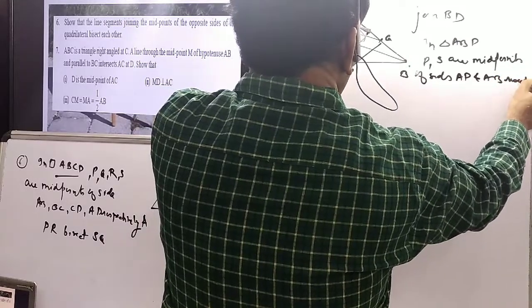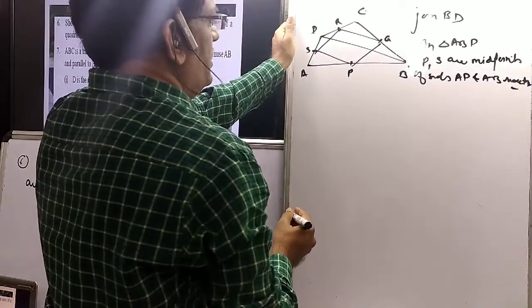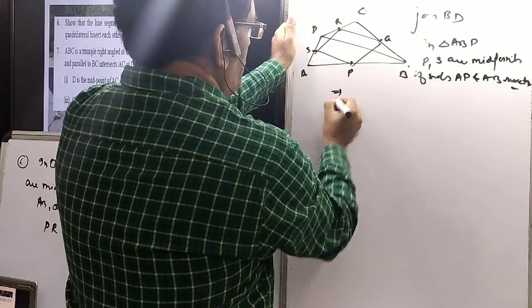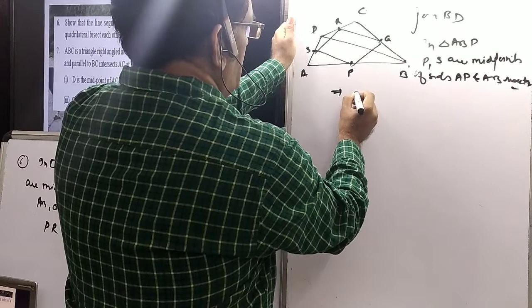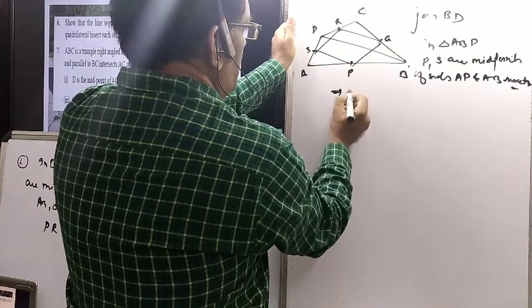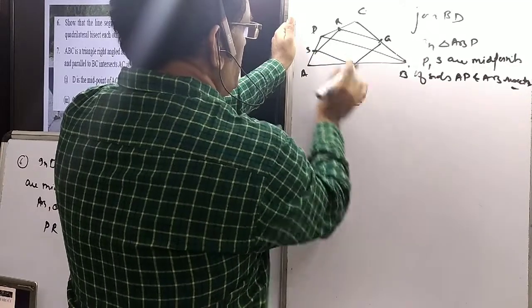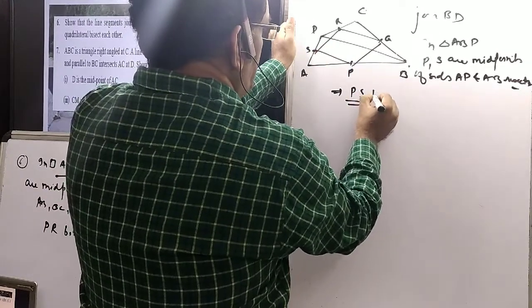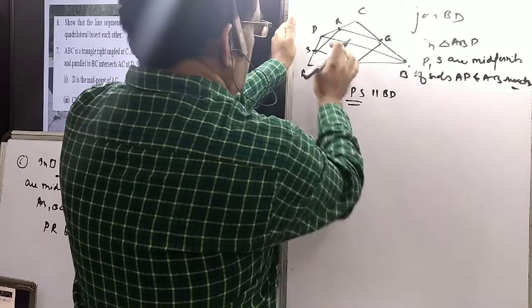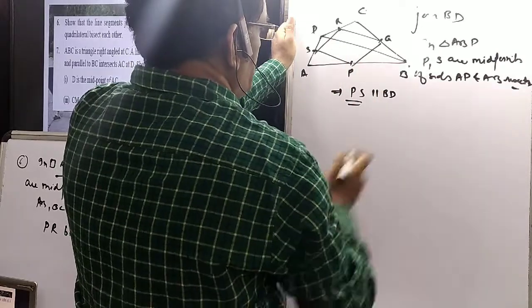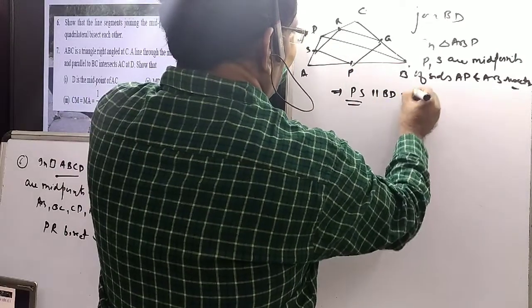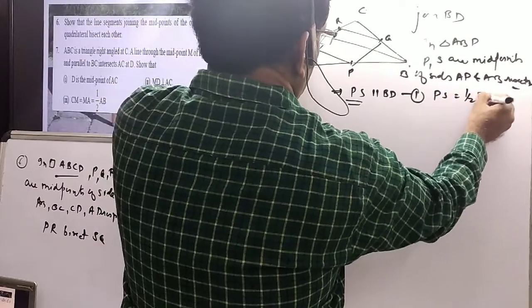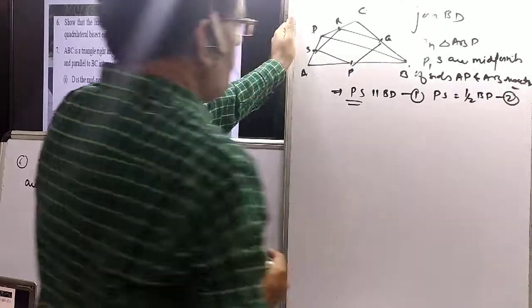So using midpoint theorem, what do we conclude? This side PS is parallel to BD, and PS is equal to half BD. This is equation number 2.